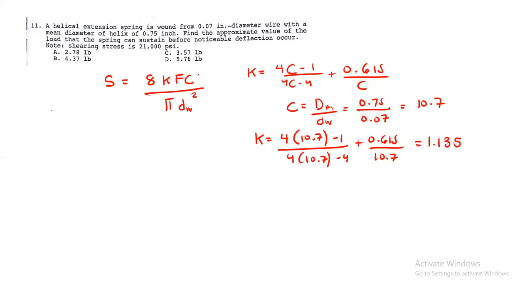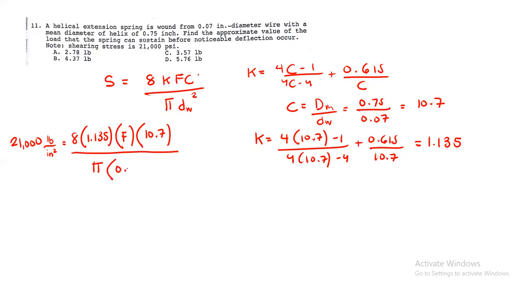So makuha natin, formula tayo dito stress. So 21,000 psi, pounds per inches squared, is equals to 8 times K, 1.135, then force times C, 10.7 divided by pi times wire diameter, 0.07 squared inches squared. So makacancel dito si inches squared. Then force, so magiging force natin dito is... ilan?